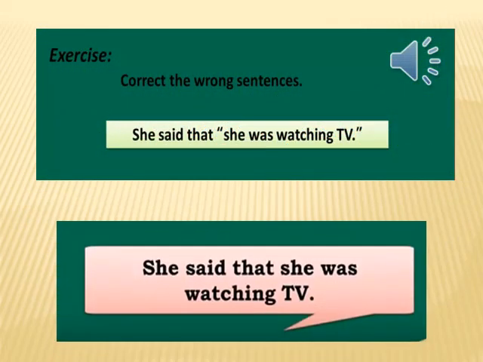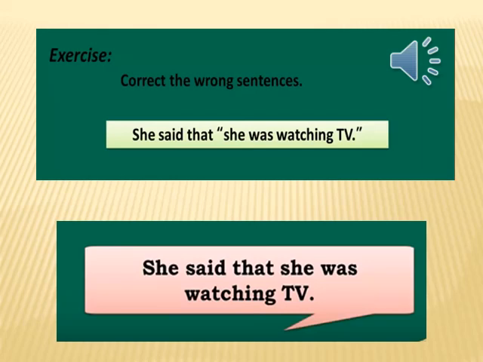Okay, now let's do some exercise sentences so that we make sure that we understood the topic. Correct the wrong sentences. She said that she was watching TV. Now there is something wrong in this sentence. Can you identify what is wrong in this sentence? Exactly. The sentence is indirect. Why is it indirect?